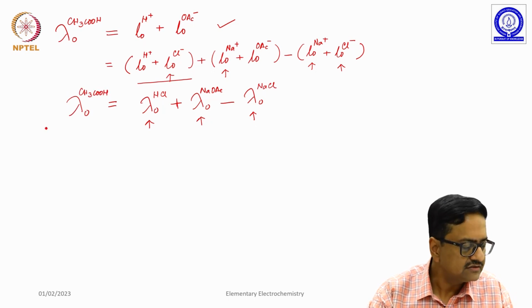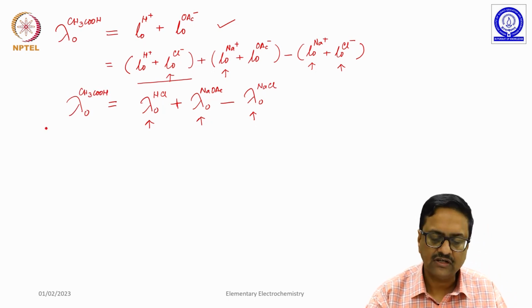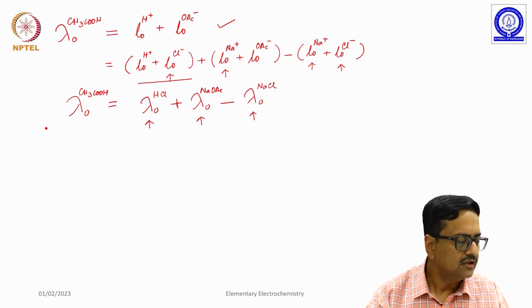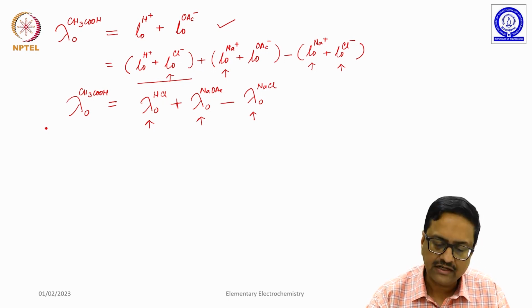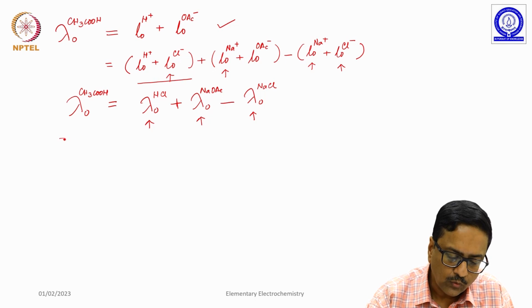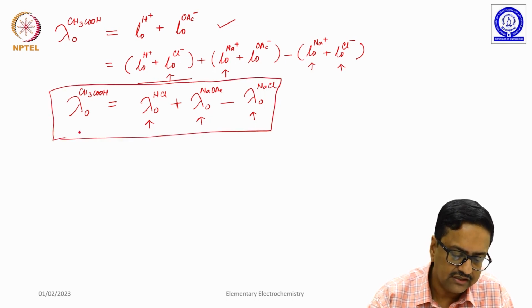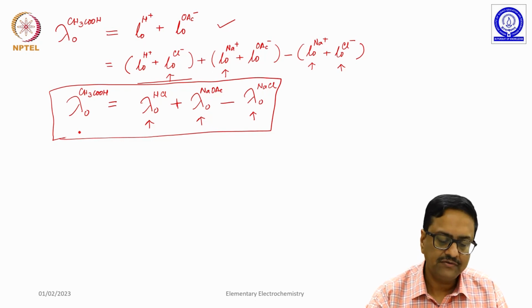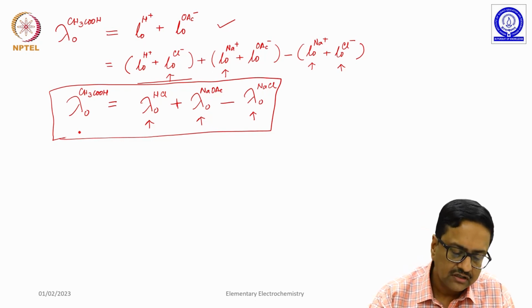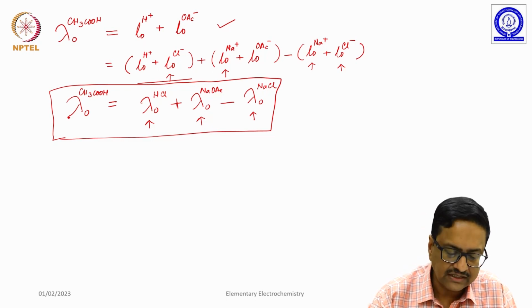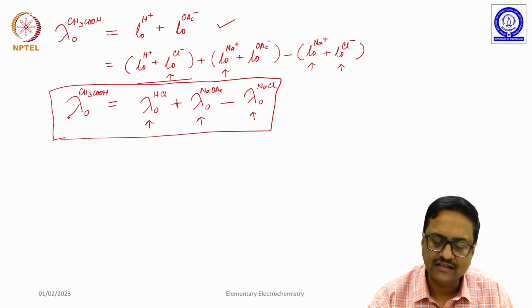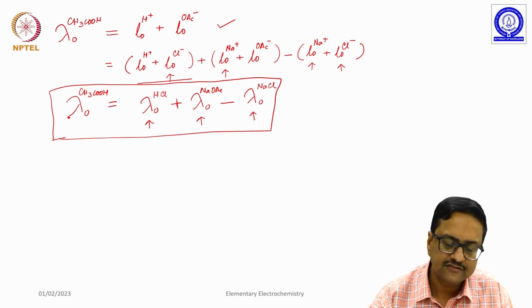So, using this law of ion conductivities or the Kohlrausch's law of ion conductances, one can easily determine or calculate the equivalent conductance at infinite dilution for any electrolyte, for example, acetic acid, formic acid or any other weak electrolytes.